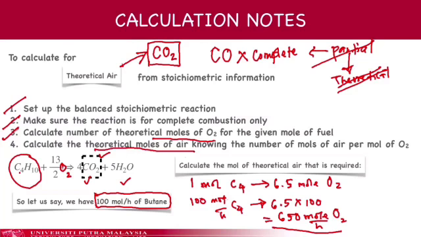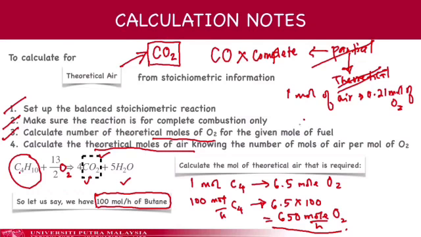We know that is the number of moles of oxygen that we require. From our previous exercise, we know that in 1 mole of air, we have 0.21 mole of oxygen.